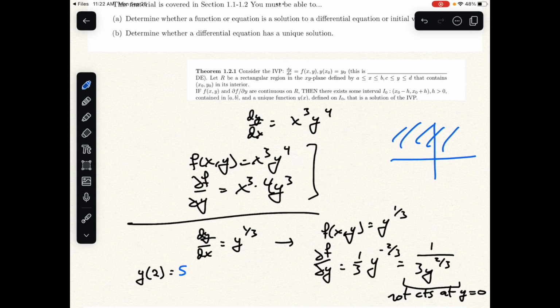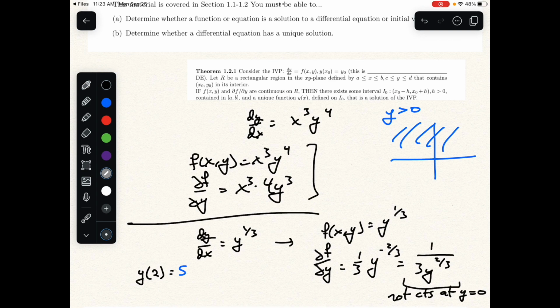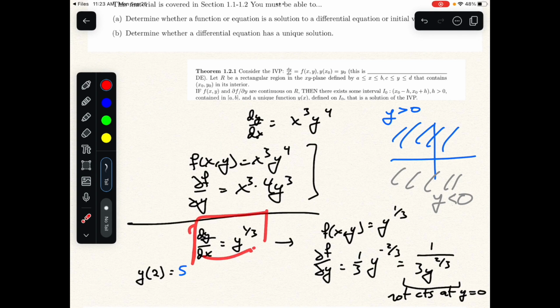You could say the upper half plane, the region given by y greater than 0, or you could also do the region given by y less than 0. Both are rectangular regions R where any point you pick would give you a unique solution to this IVP going through that point.